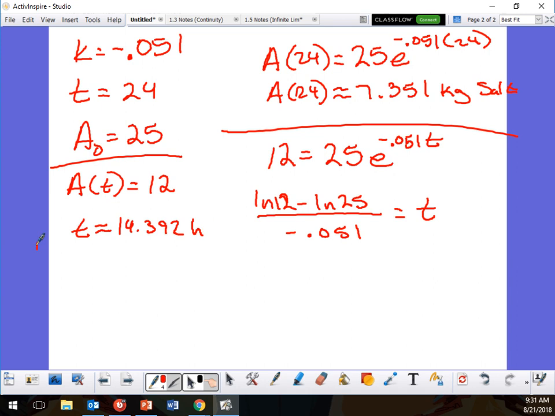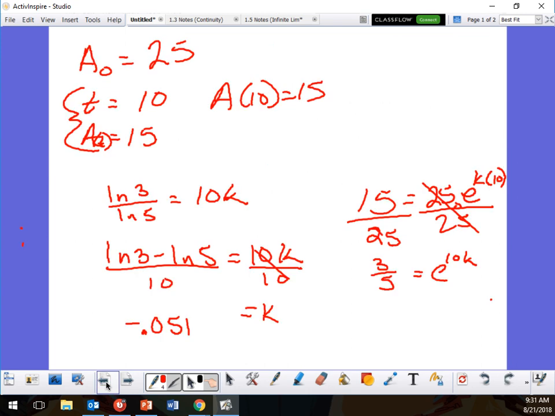Does that seem right? So at 24 hours, there's 7 grams left. Yes? And what was the other one? At 10, there was how much? 15. Okay, so does that seem right?